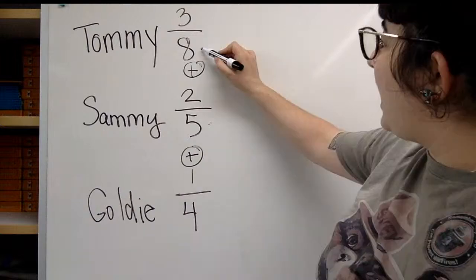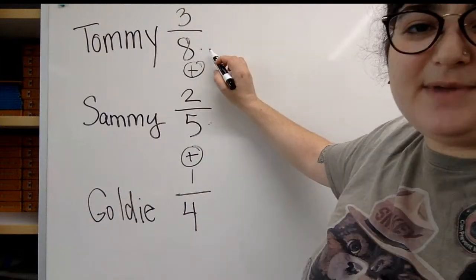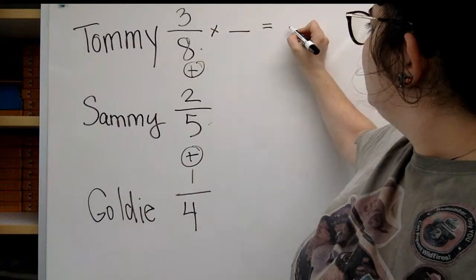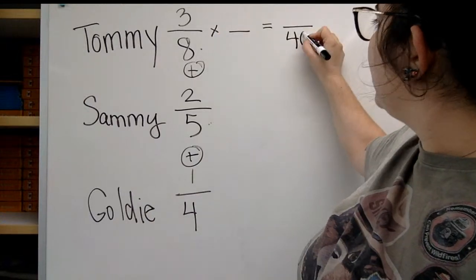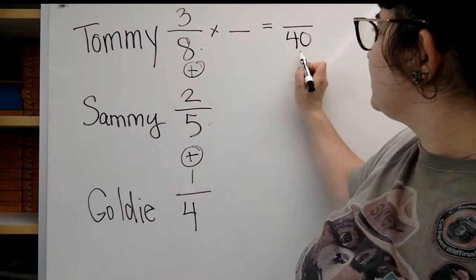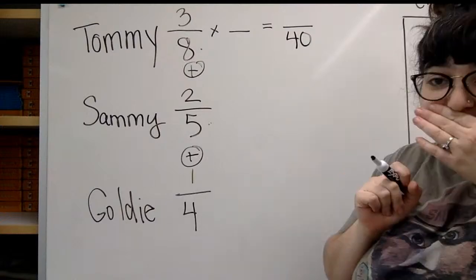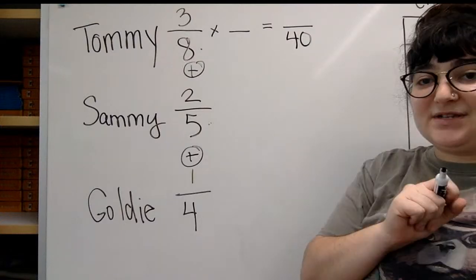So I know what times 8 is going to get me to 40, right? I kind of love these questions, right? What times 8 equals 40? I'll give some think time. I love this because I see some of us are responding.